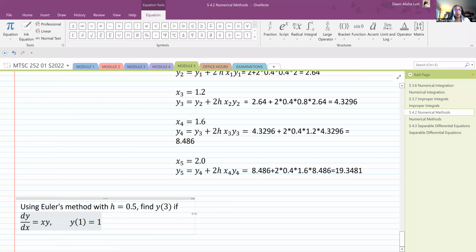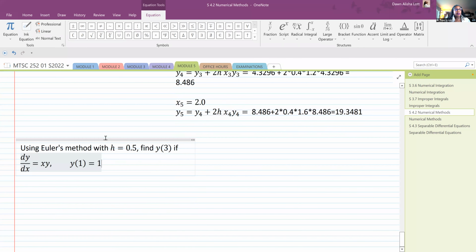And so how do I even begin to start to solve this problem? Remember Euler's method, that means we are starting with our initial values. So can somebody tell me just from this problem, what are x naught and y naught? In other words, where are we starting?